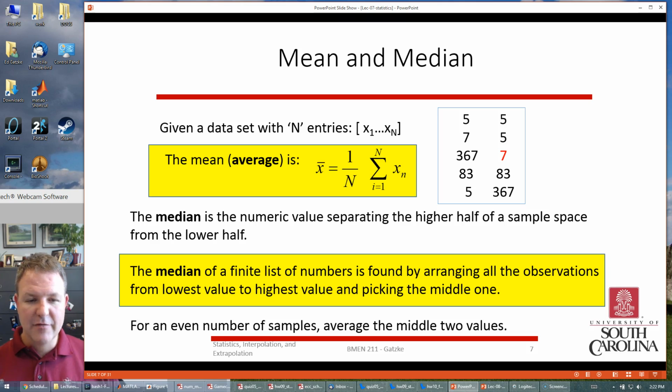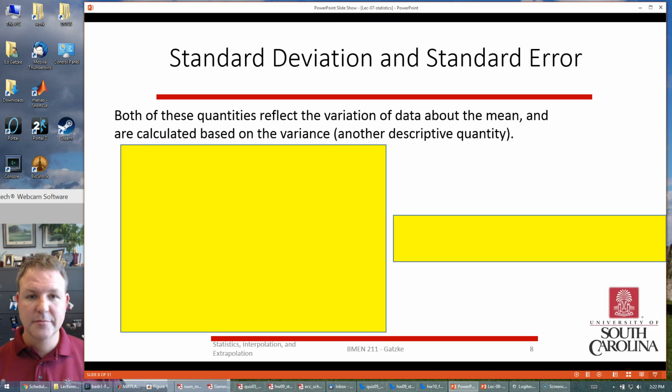The median value is very simple to find. Just arrange them, find the middle one, and average the middle 2. It's not that hard to do mean and median. This should be very remedial. You should have seen this in elementary or middle school, maybe high school, I don't know. Somewhere you've learned how to do median and mean of a data sample.